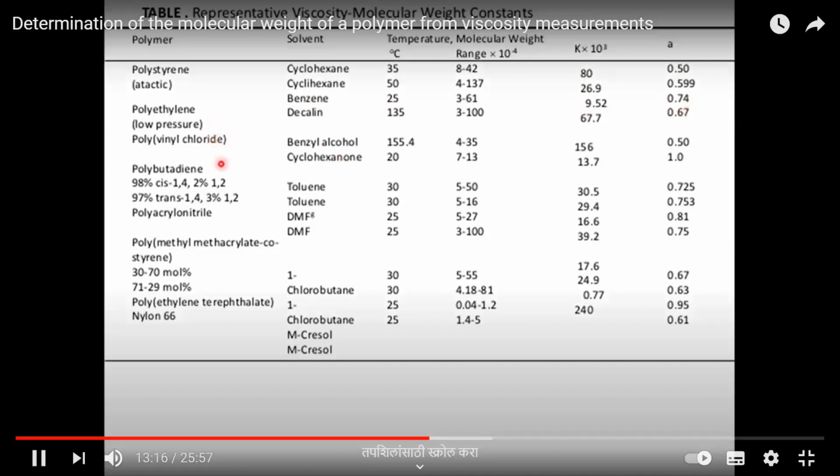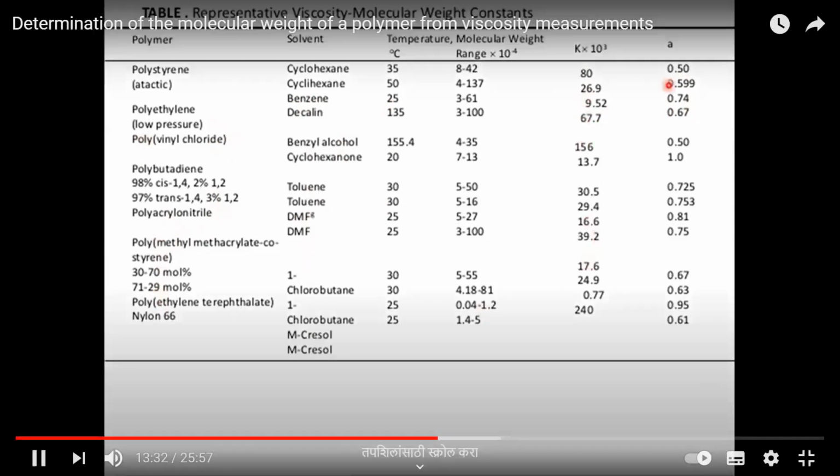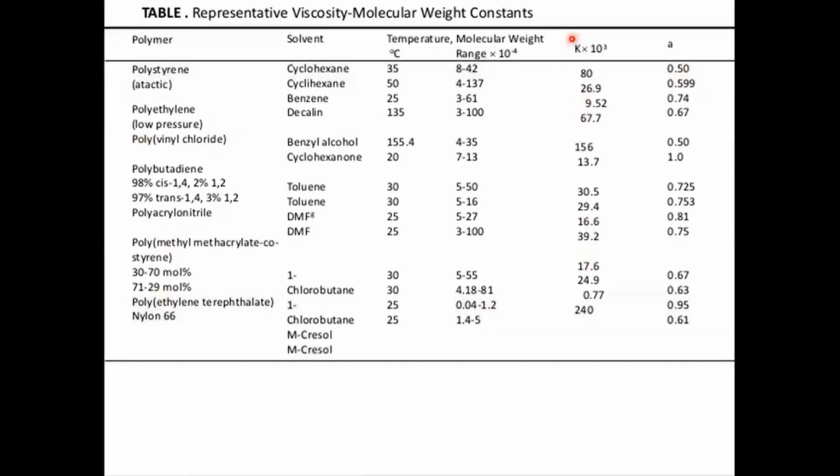Also for other types of polymers, we have different types of polymers with different solvents, so we must change the values of K and a. That means the a and K constants will change depending on the temperature, solvent, and specific polymer.